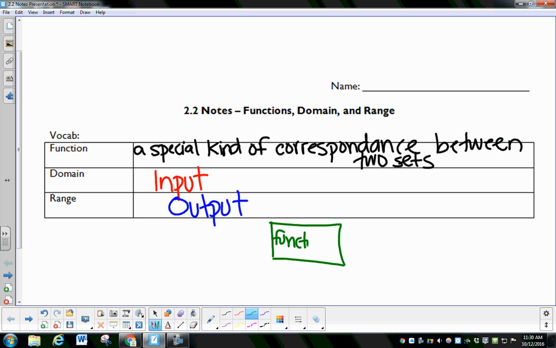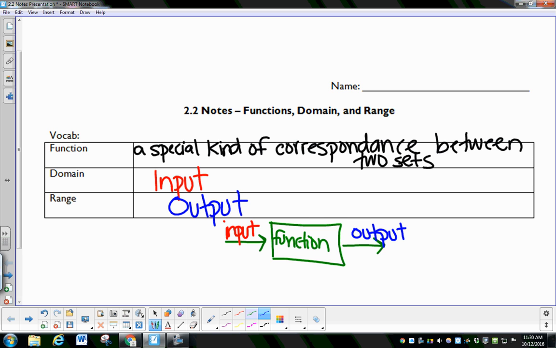Like at Subway, they take your sandwich and make it, and then they put it in the heater, and then it comes out later. The oven is kind of like a function. So you take your input, you put it into a function, and it assigns an output to it.